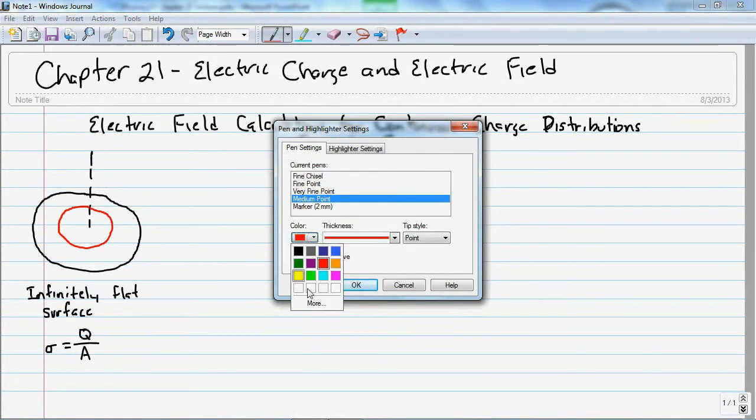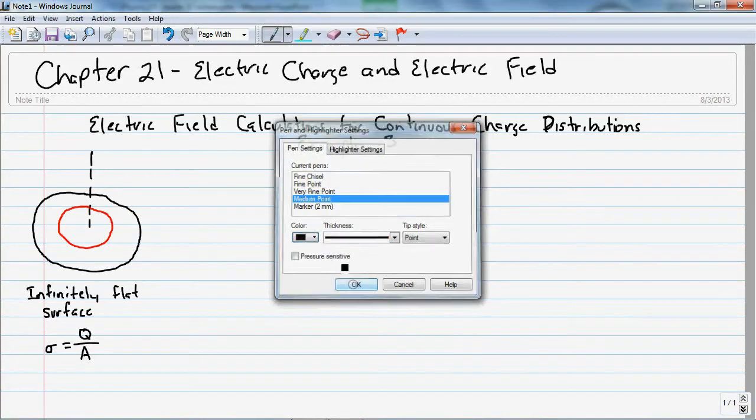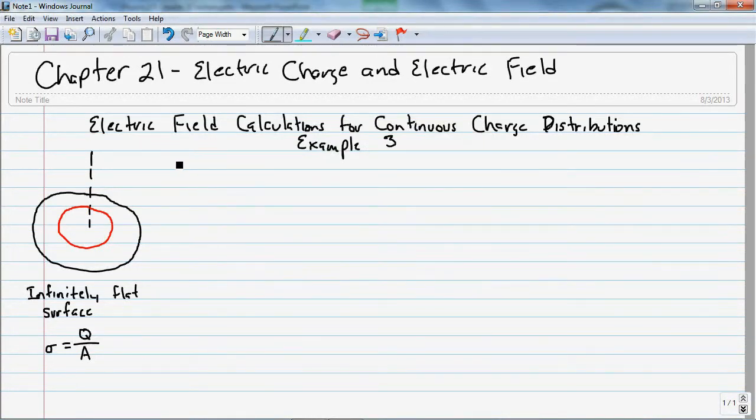So let's write down, in terms of z, the formula for the electric field due to a loop, translated to the z-axis.